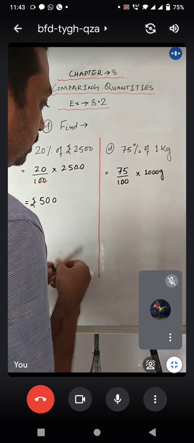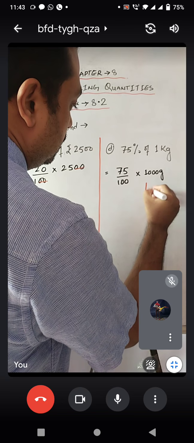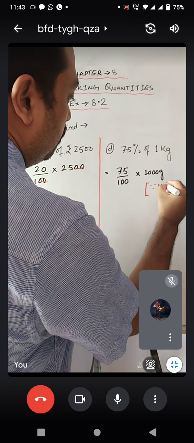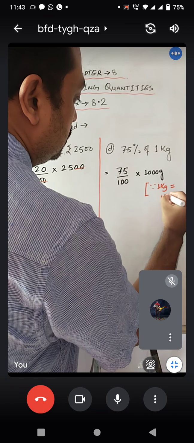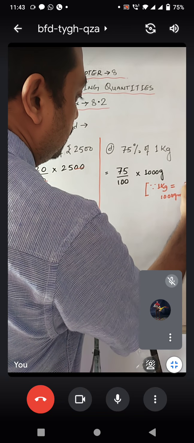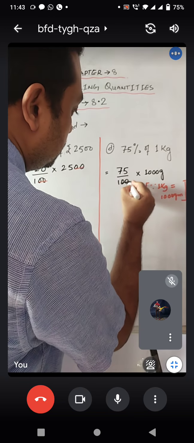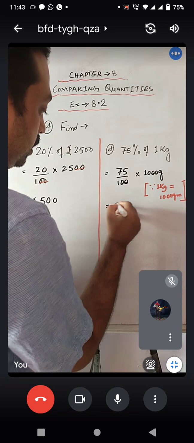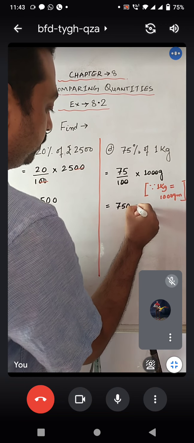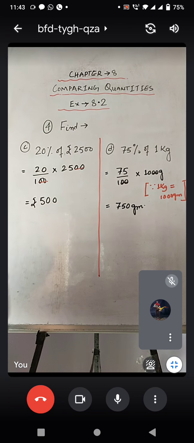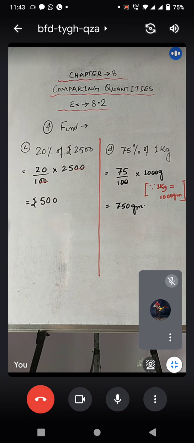So you have to write the reason, since 1 kg is equal to 1000 grams. So this is what you have to give. Now reduce the zeros. Now your required answer would be 750 grams. Okay, so this is the solution of sum number C and sum number D of question number 4.